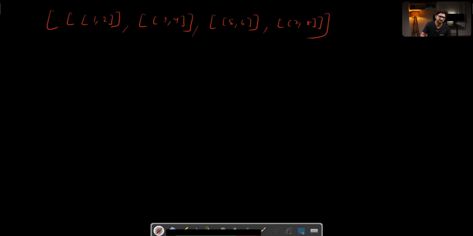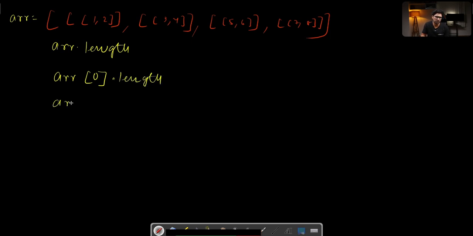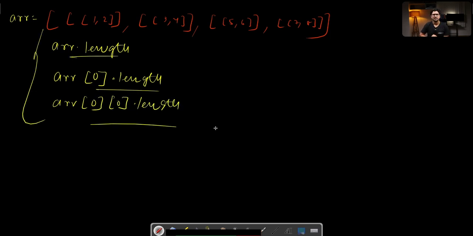If this is the case, and I call it array, what should be the value of array.length? What should be the value of array[0].length? And what should be the value of array[0][0].length?